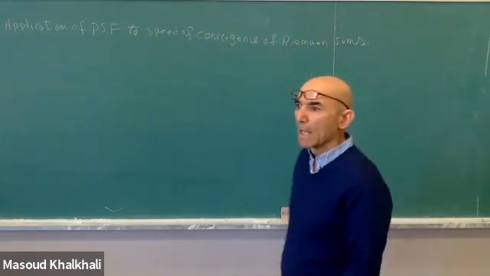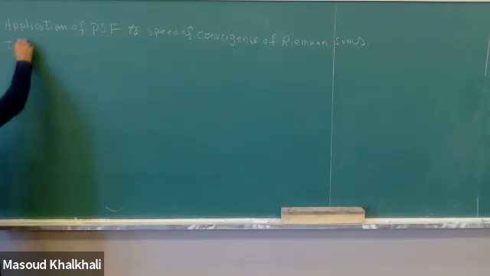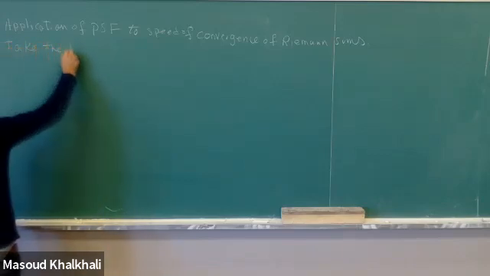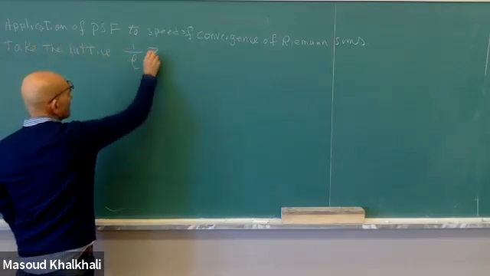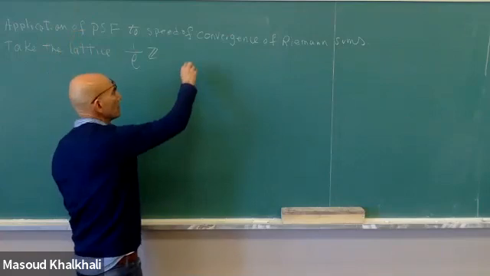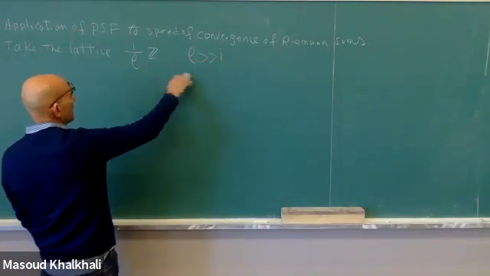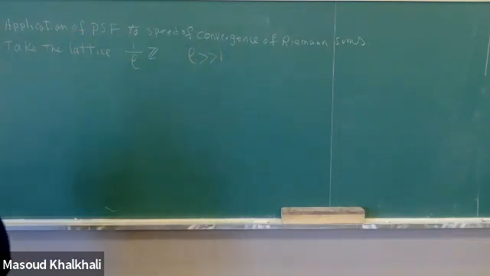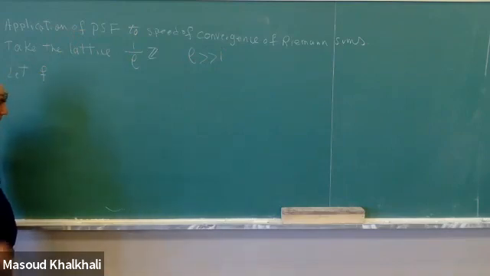So let's assume that, okay, take the lattice (1/L)Z. You want to think of L as very large, for example, a large number. Right now it doesn't matter, you can take L anything, but eventually we're going to take L very large. And let f be a smooth function.